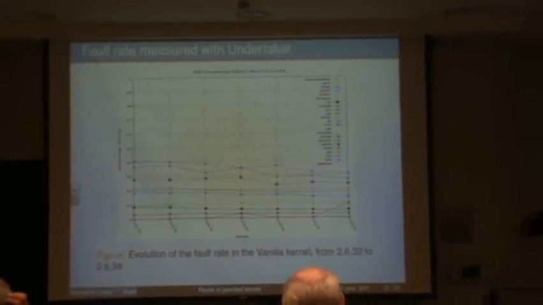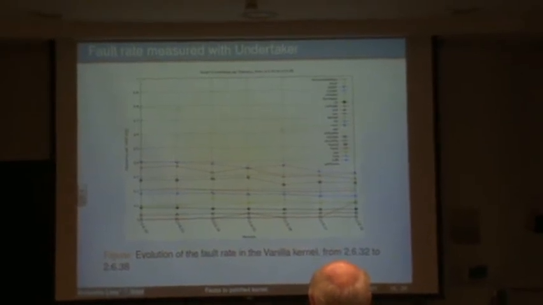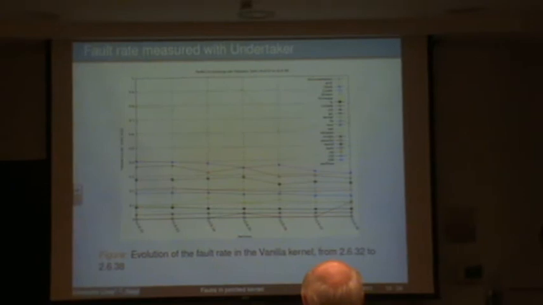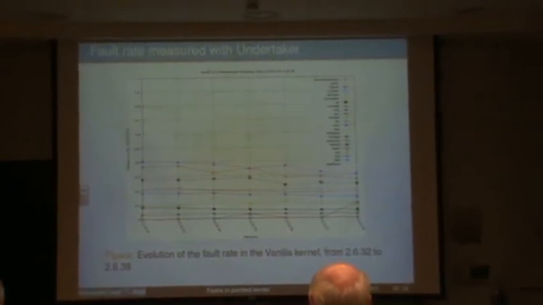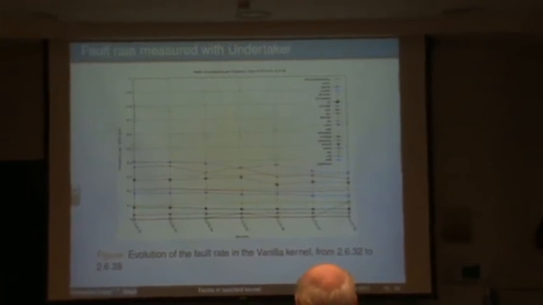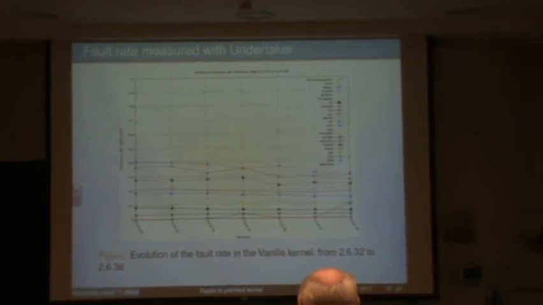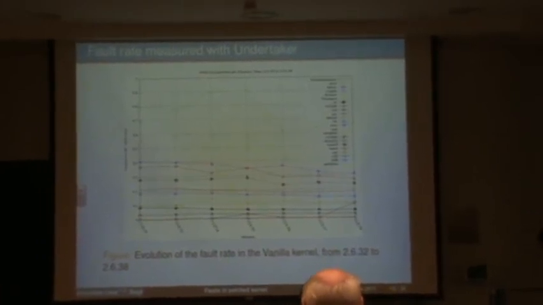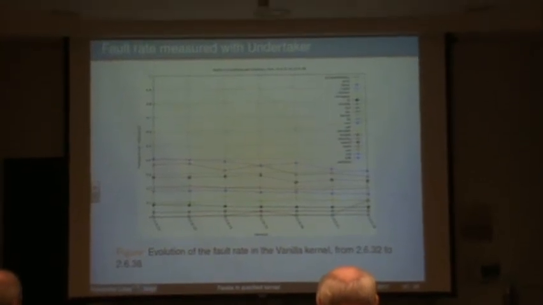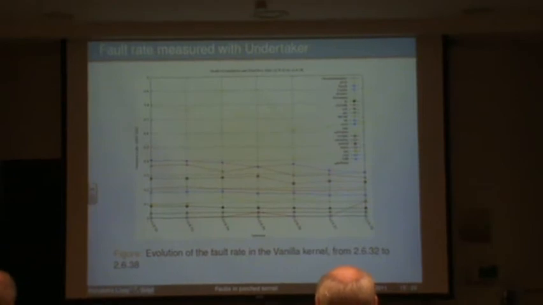And you can see that the number of faults is approximately decreasing. The more important part is that the Arch subdirectory shows more faults than the driver subdirectory. So we get the same result as the previous study with another means of measure. This is interesting.